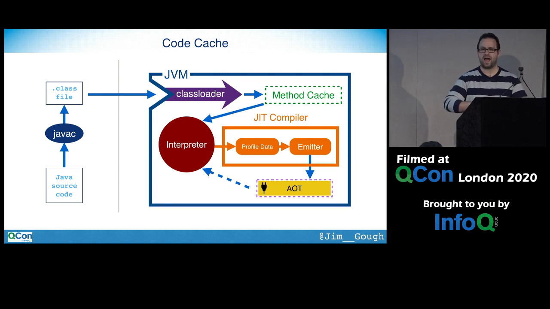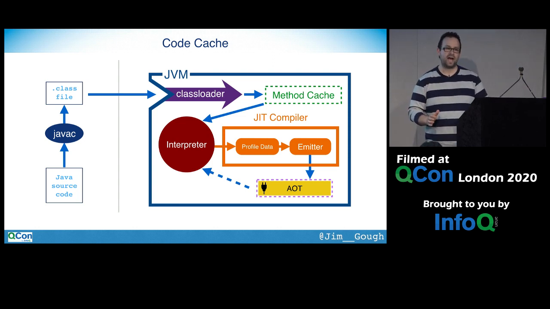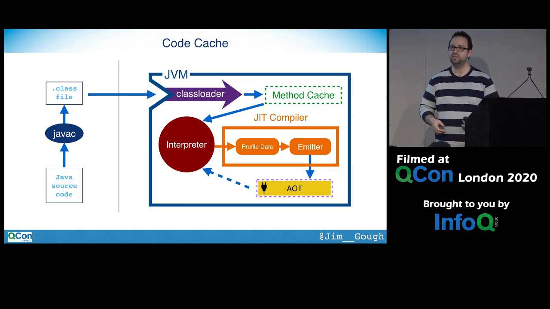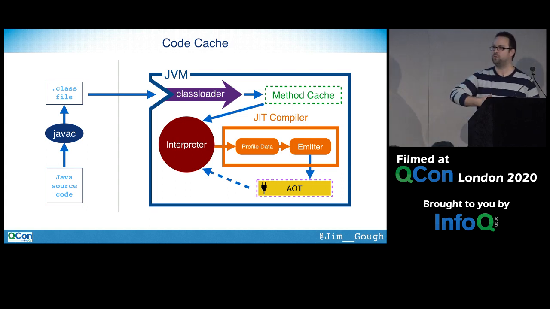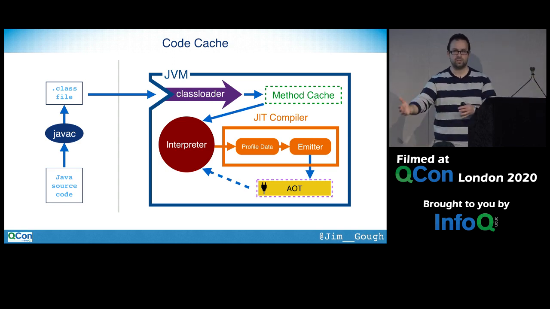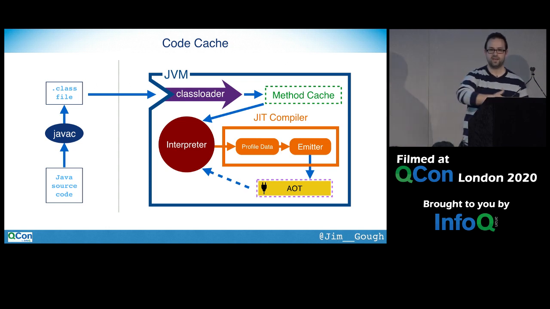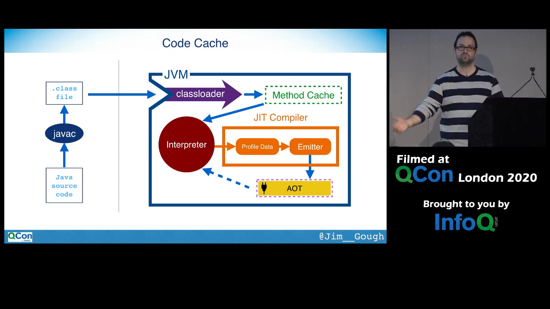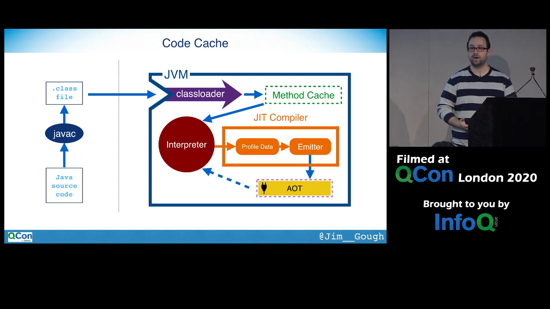So that slow startup time and that high peaking memory, if you're running on something like cloud, might not be the factor that you want to optimize for. And this is where you get into a trade-off of saying, well, JIT's really cool for long-running applications, but it has slow startup. And actually, AOT is pretty good in cases where my application runs in a consistent way.